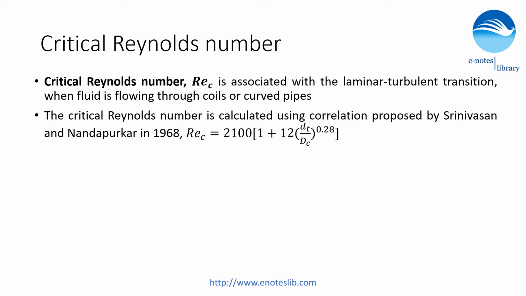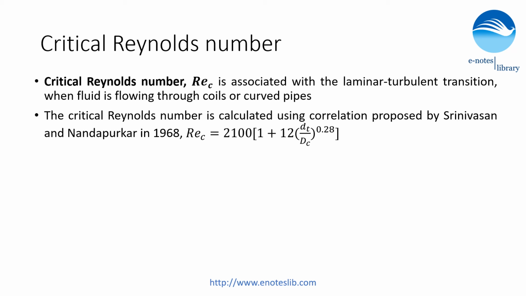Now next we have critical Reynolds number. You can easily relate the critical Reynolds number with the transition between laminar and turbulent flow, as in straight tubes. If we have Reynolds number below 2000 or 2500, then we have laminar flow.